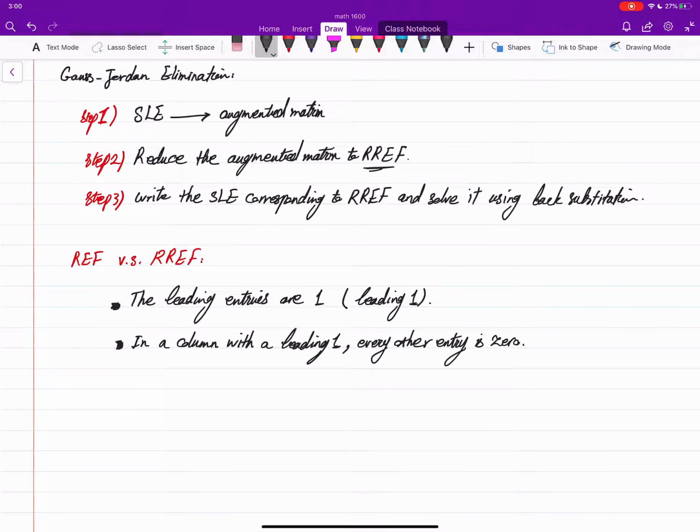So these two differences show us that when you reduce a matrix to row echelon form, you need to do a few more steps to turn it to reduced row echelon form. First, do an operation like multiplying a scalar to a row to turn the leading entry to 1. Basically, you multiply the row by the inverse of its leading entry.